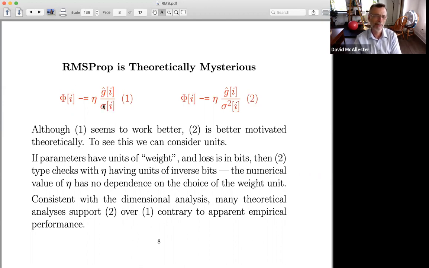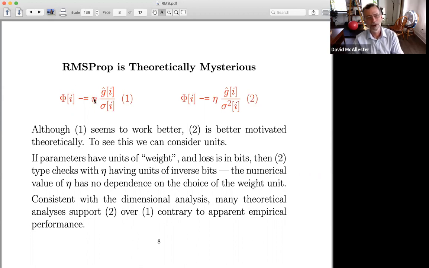And I just want to maybe give an intuition why this always comes out of the theory. And that has to do with units. If you use this formula, then it turns out that the units for eta is just 1 over the loss function. And if you use this formula, eta has to have more complex units.